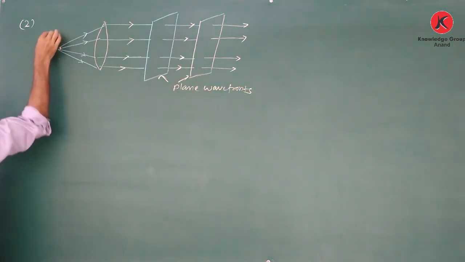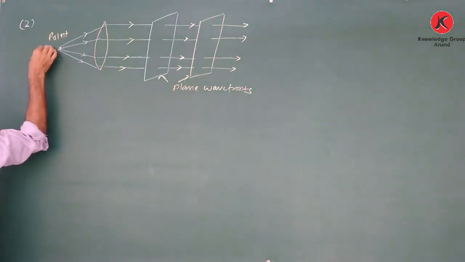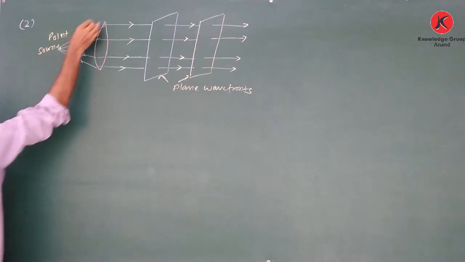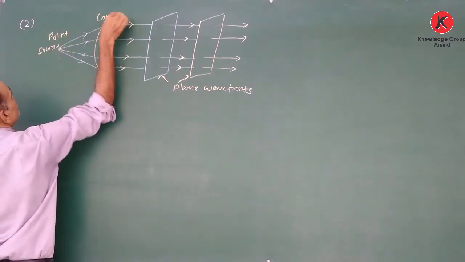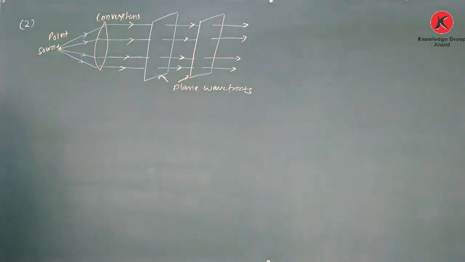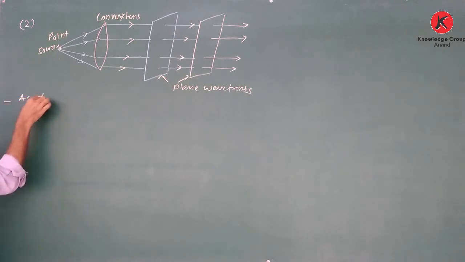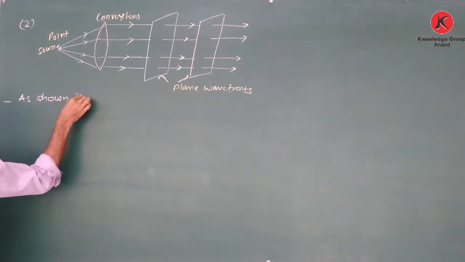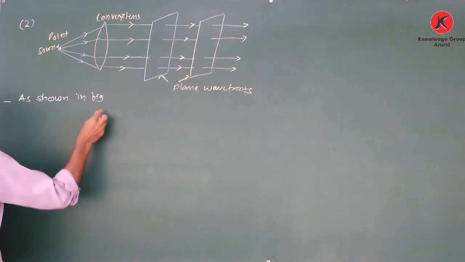There is the point light source and there is the convex lens. Now listen how we act. It's shown in the figure.